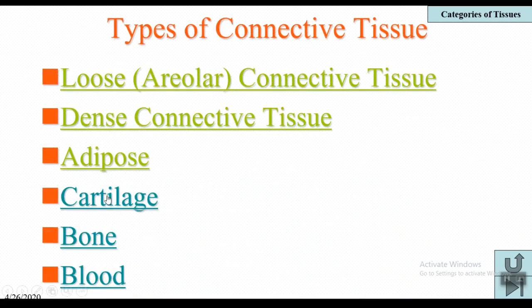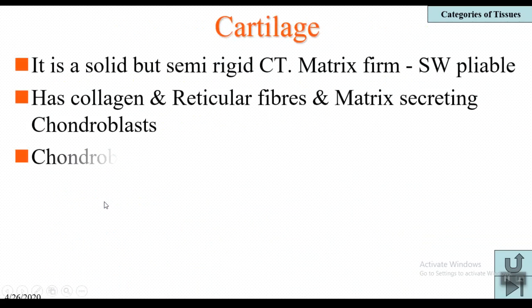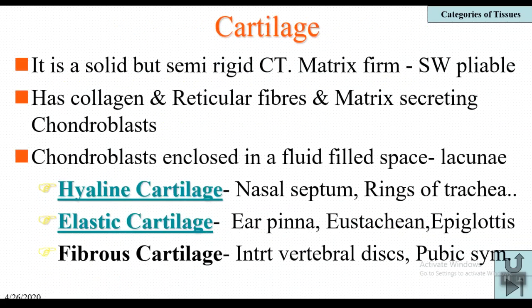Coming to the next type of tissue, cartilage. Cartilage is a specialized tissue whose matrix is firm but somewhat pliable, and it is not as hard as bone, and that's why it is called a cartilage. It has collagen and reticular fibers and matrix-secreting chondroblast cells.